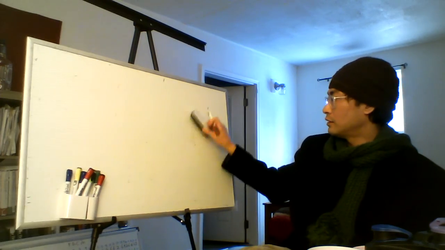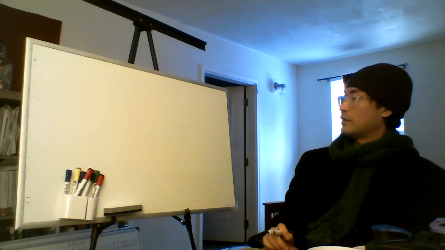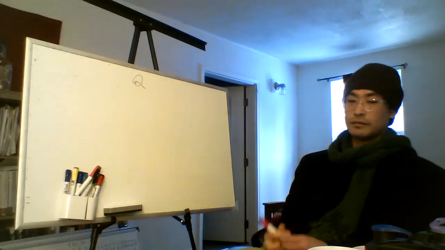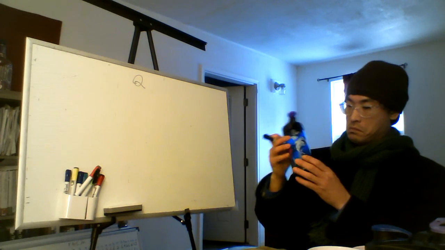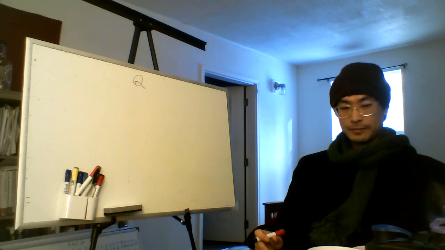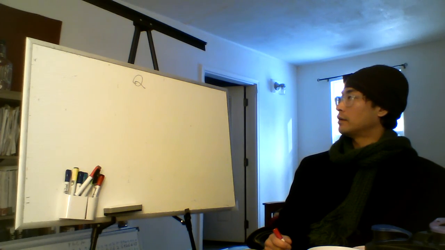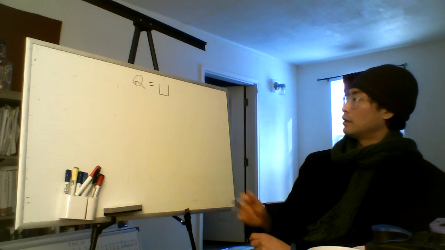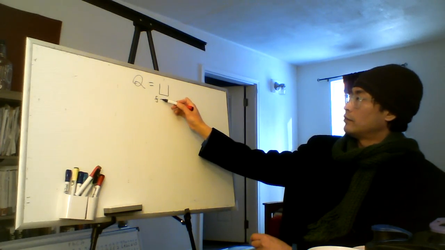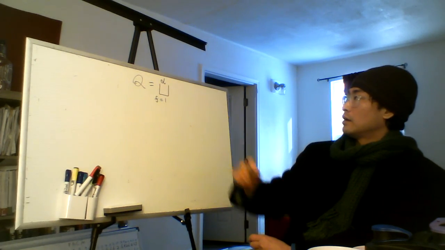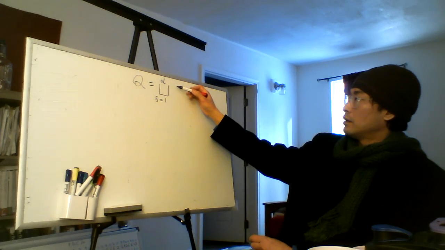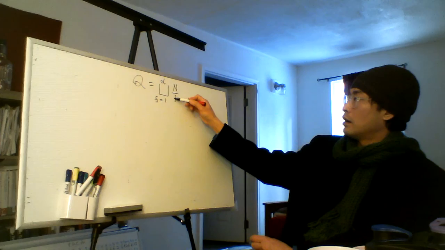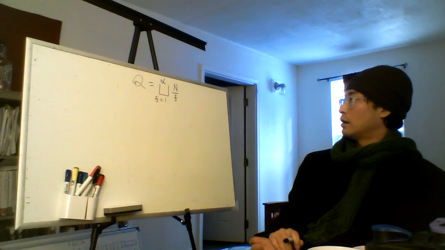The set of rational numbers, I think they use the symbol Q, is equal to the union over f from 1 to infinity, but it's alpha.